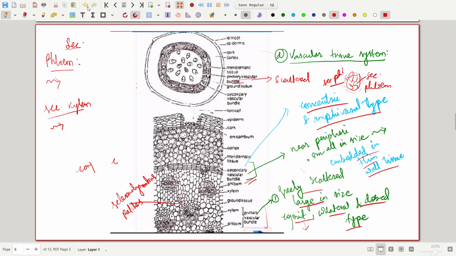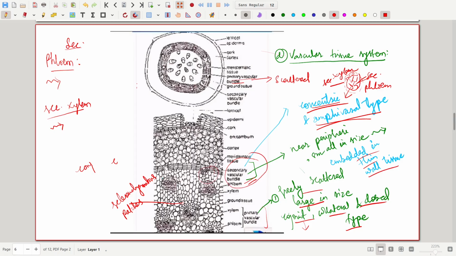Secondary xylem at the periphery, and at the center there is secondary phloem, and this kind of structure is called the concentric and amphivasal type, which is present in the secondary vascular bundle.